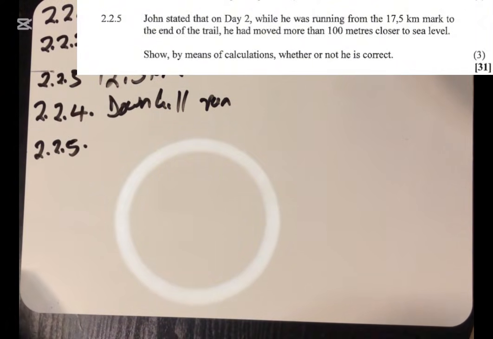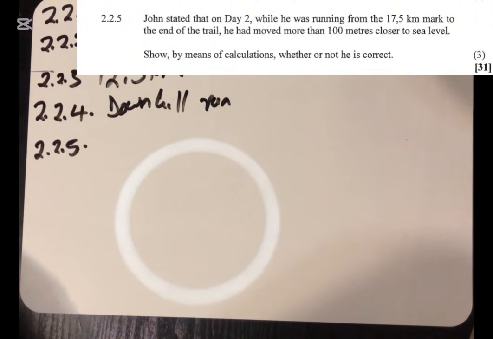Moving to the next question, which is 2.2.5. John stated that on day 2, while he was running from 17.5 kilometers to the end of the trail, he had moved more than 100 meters closer to the sea level. Show by means of calculation.